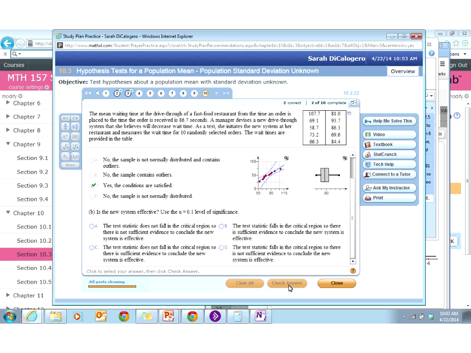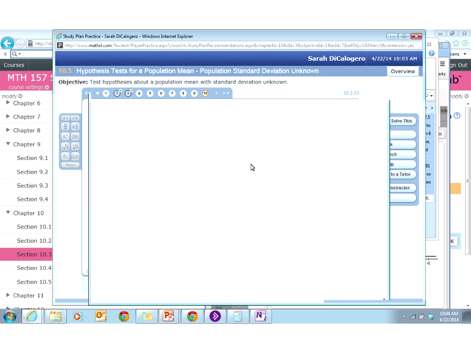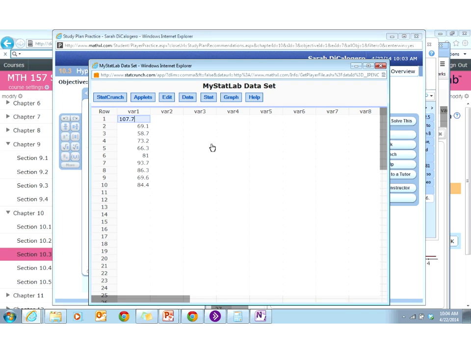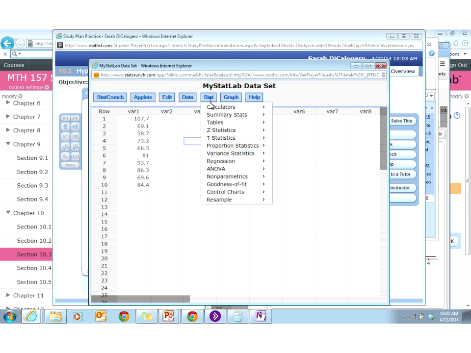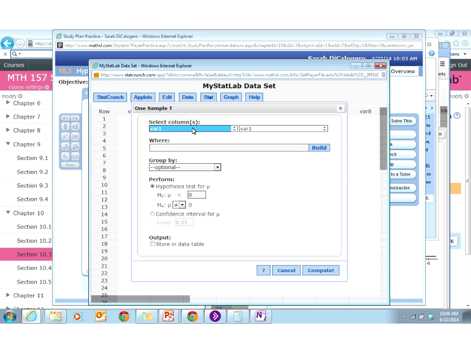All right. Is the new system effective? Use alpha equals 0.1. So what we can do, we can use a p-value test. We're going to try to open this data in StatCrunch, which I think it should let me do. Okay. Stat, T statistics, one sample with data.